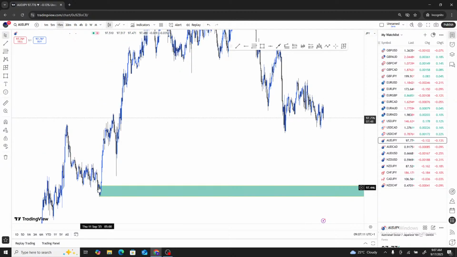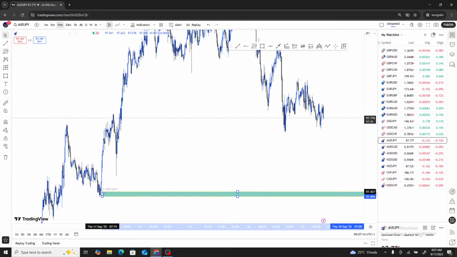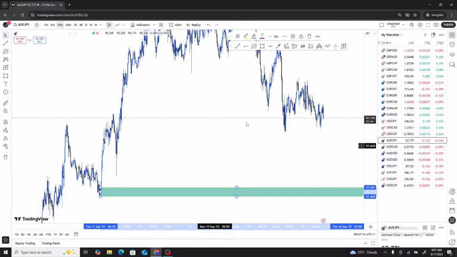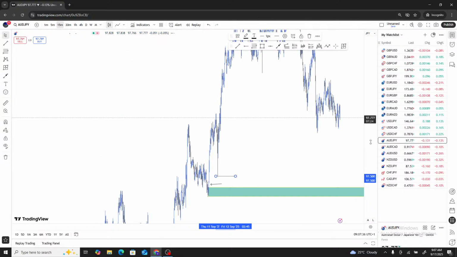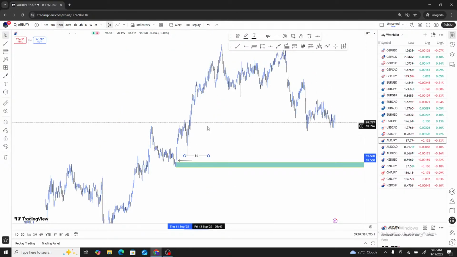Look at first the order block, second imbalance, third it has liquidity before the order block. Again, it broke structure. Look at the impulse movement it used to break structure. It broke structure.